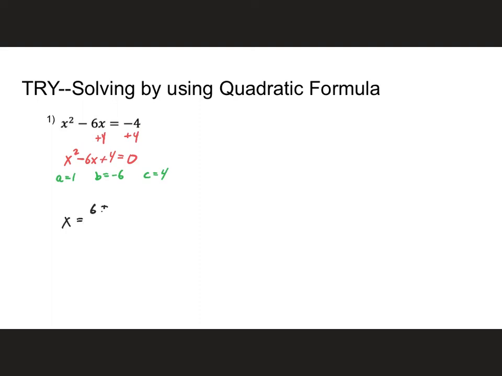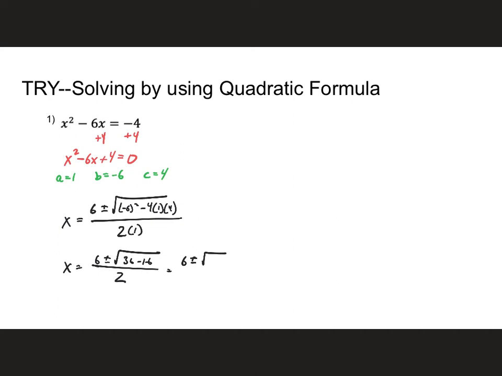The opposite of b plus or minus the square root of b squared minus 4 times a times c all over 2a. So that's 6 plus or minus the square root of 36 minus 16 over 2, which is 6 plus or minus the square root of 20 over 2.